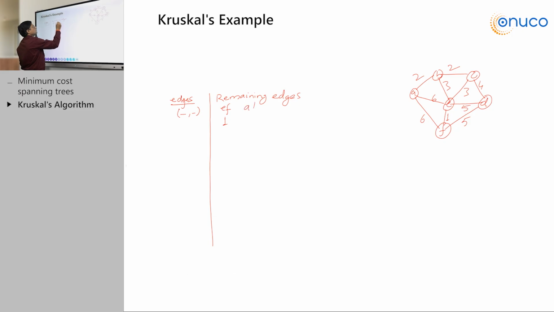Similarly, what is next? A to B. I am writing A comma B as AB. A to B is 2. Similarly, B to C is 2. Then what is the next minimum? 1, 2, 2, 3. B to E is 3.